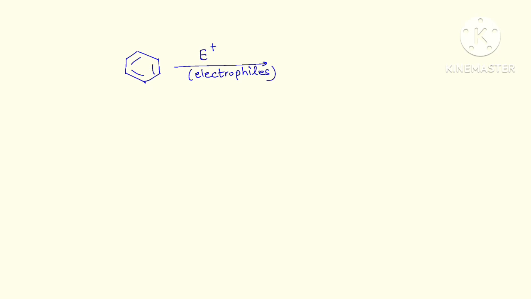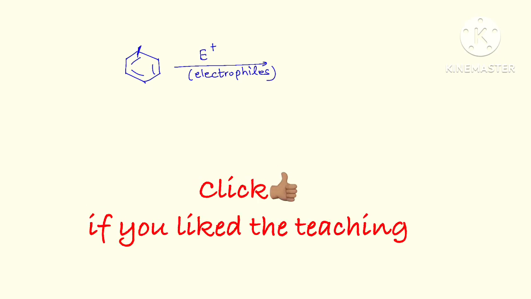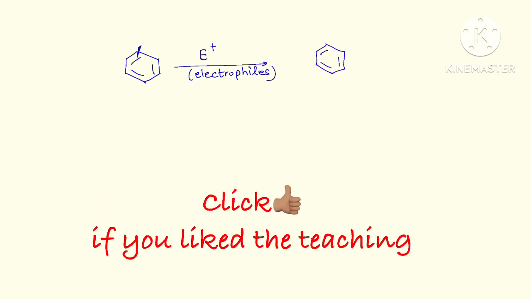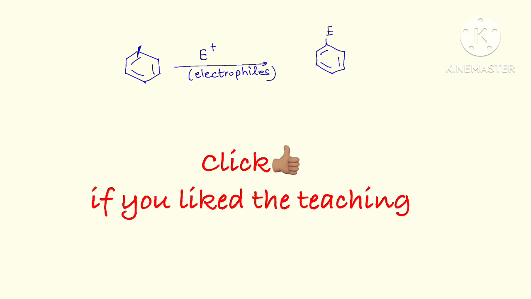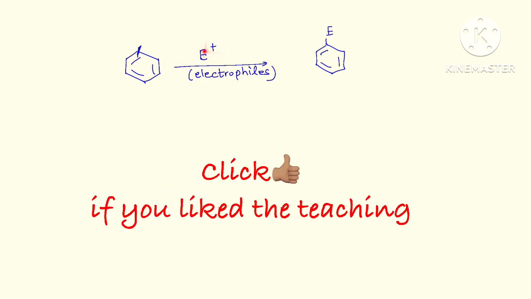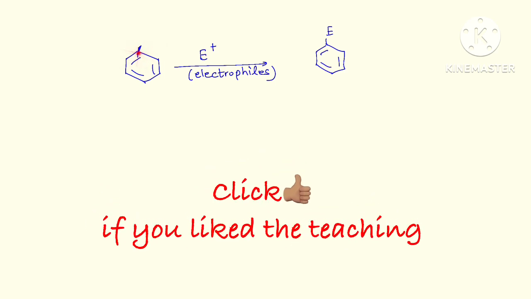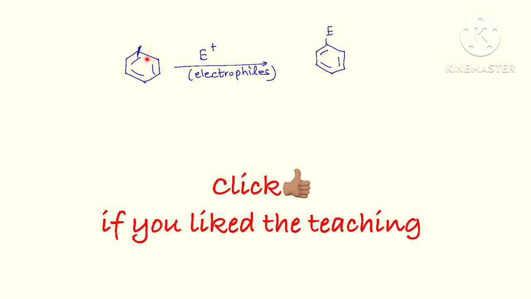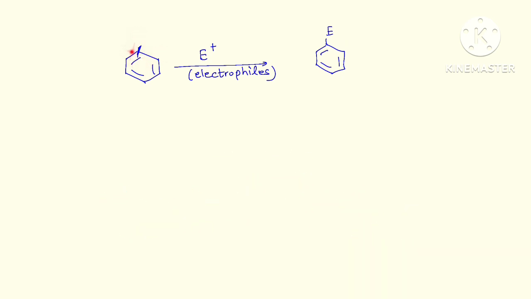Now these electrophiles come and replace one of the hydrogen atoms and take the place on the benzene ring, giving us an electrophilic substitution reaction. An electrophile replacing one of the hydrogens on the benzene ring. Understand the difference in the two. So this is replacement of an electrophile on the benzene ring.